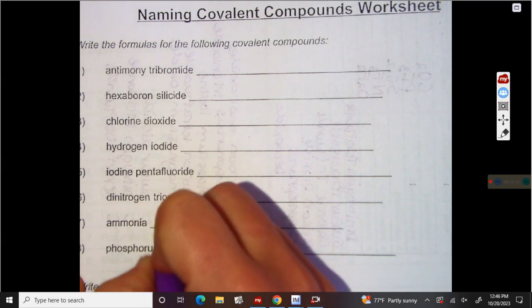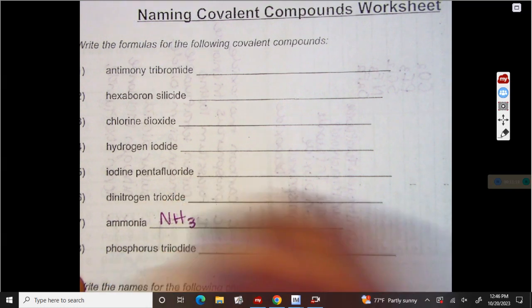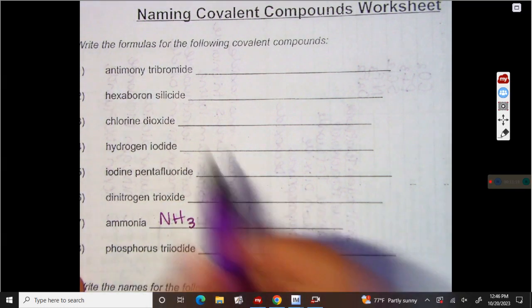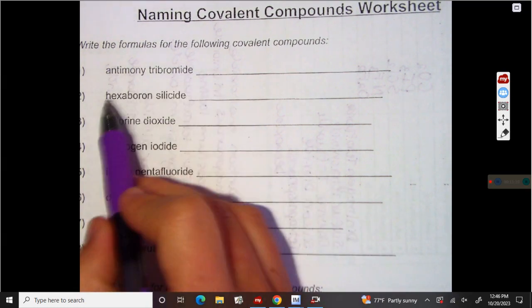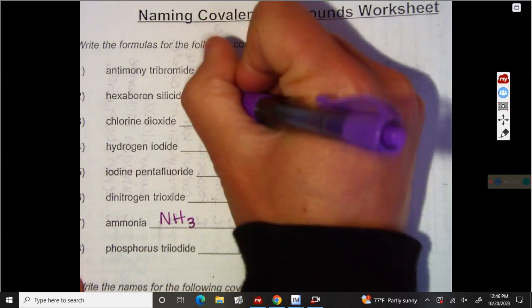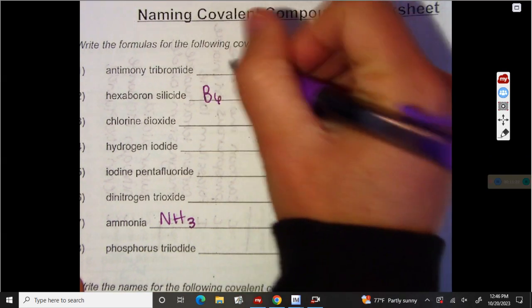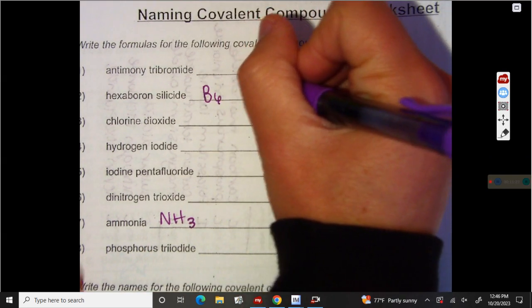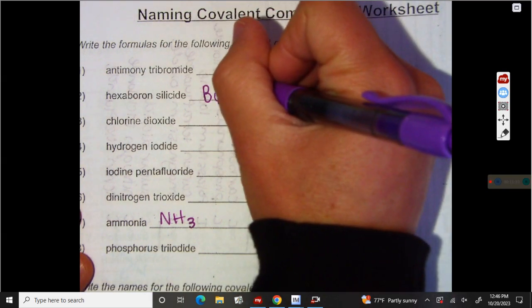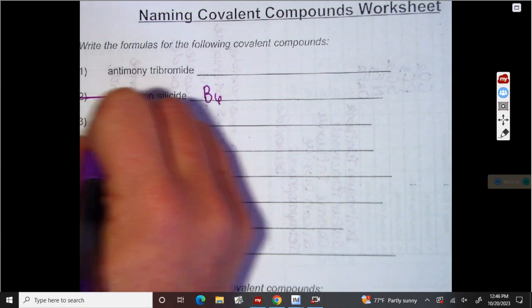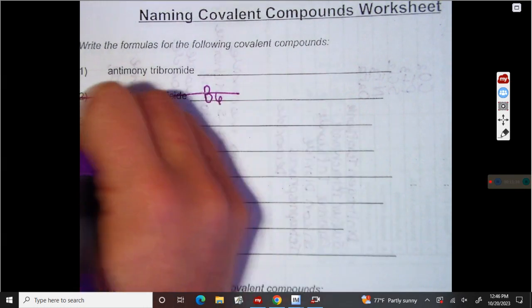So ammonia is NH3, just so you know that. And look how we do these. Just remember antimony tribromide. Let's find hexaboron. That means I have 6 borons. And it says silicide. Now, they didn't put a mono on there. They probably should have. Well, actually, let's just cross this out because that is not named correctly.